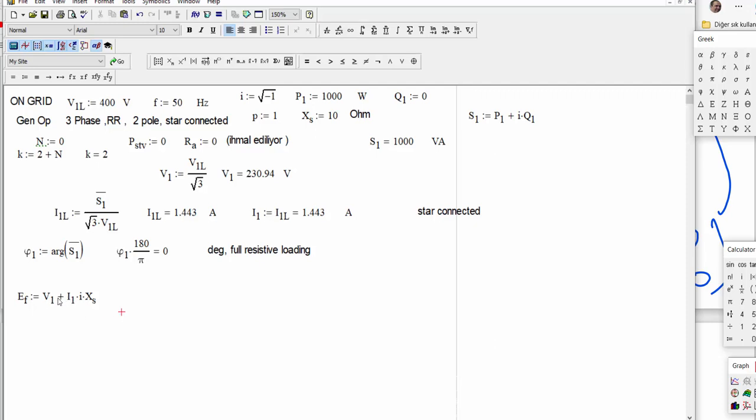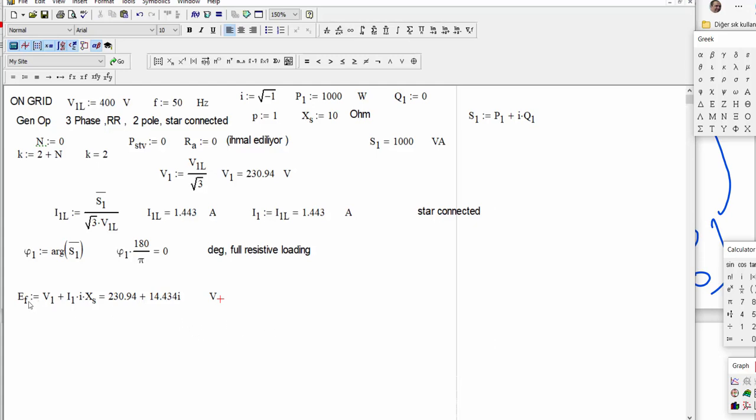And V1, here it is. I1, here it is. XS, we know XS. So EF can easily be calculated, and has such a complex value.